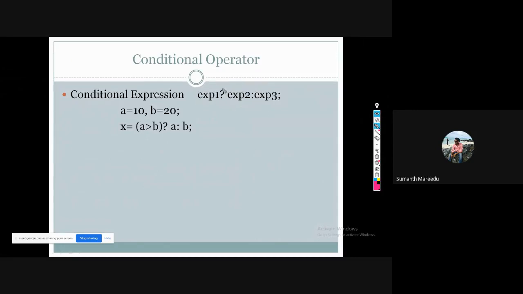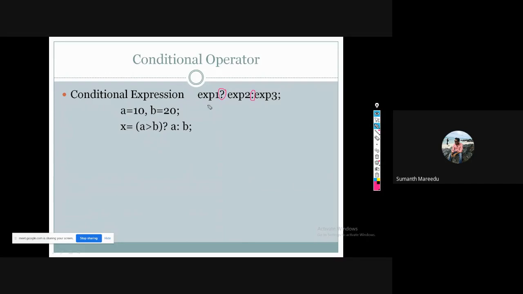It uses two symbols, that is, question mark and colon. These are the two symbols used in the conditional operator.